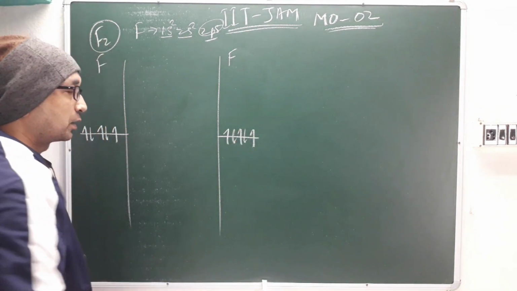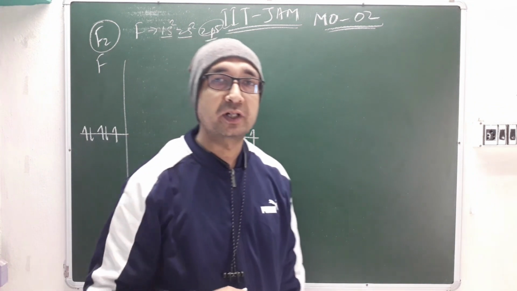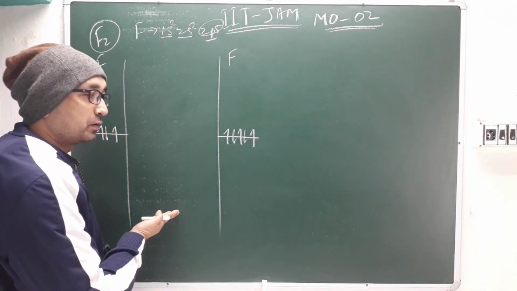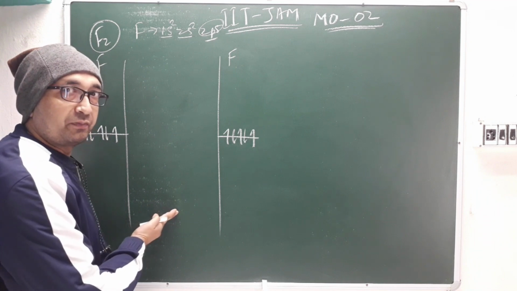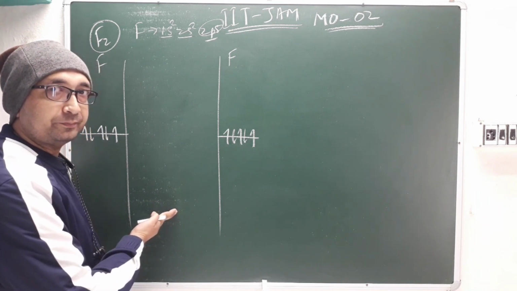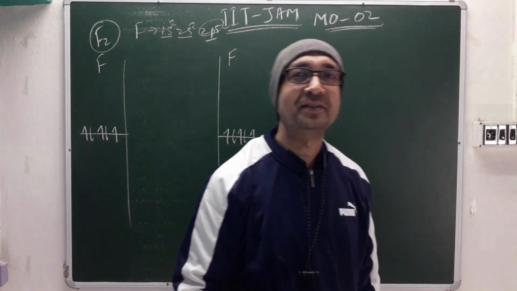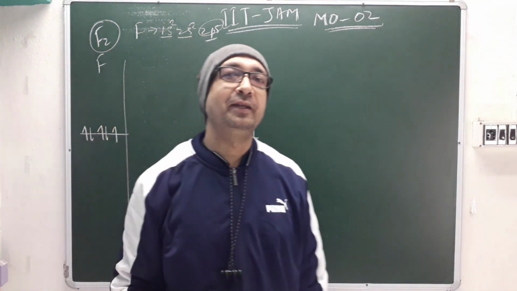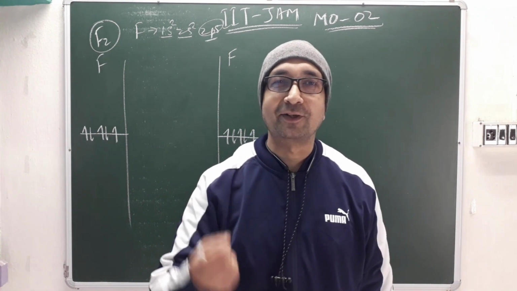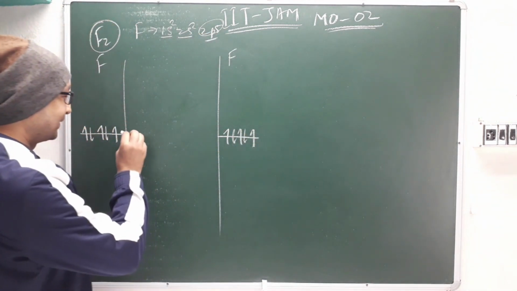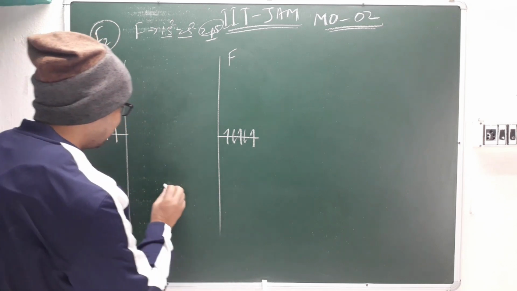Now we have to create the bonding molecular orbital and anti-bonding molecular orbital. So what will come here? The lowest energy will be for sigma or pi? Comment it. Let's see if yesterday's discussion is still in your mind or has vanished like organic compounds.